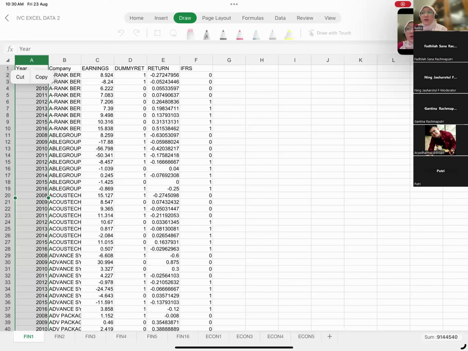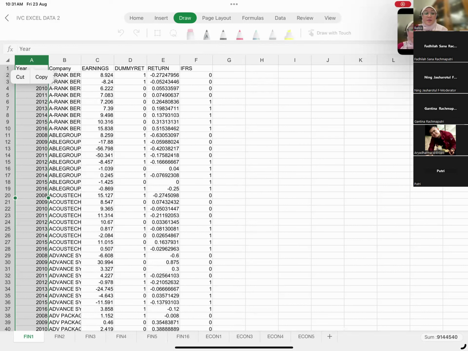If we fail to reject H null, it means that we use the random effects model. But then after we fail to reject H null, we have to do either the Chow test or the Lagrange multiplier, also known as Breusch-Pagan, to identify whether to use random effects or the PLS.